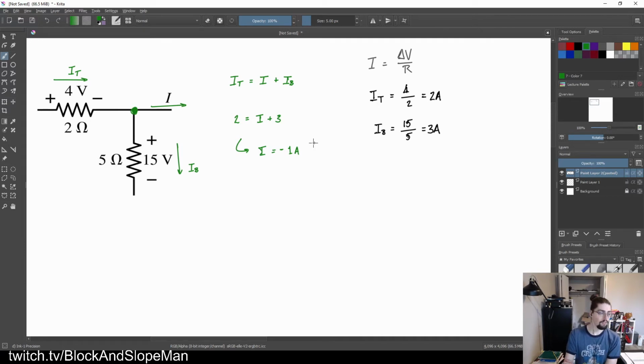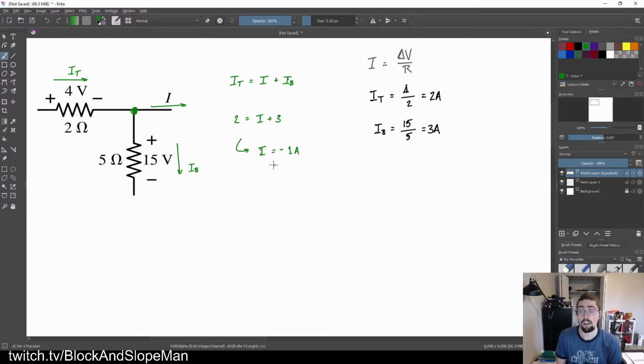So I'll ask chat on this one. What do we think this means? What does it mean that I have a negative 1 amp for my current? Any guesses? More generally than going into the circuit, it just means that the direction I guessed is wrong.